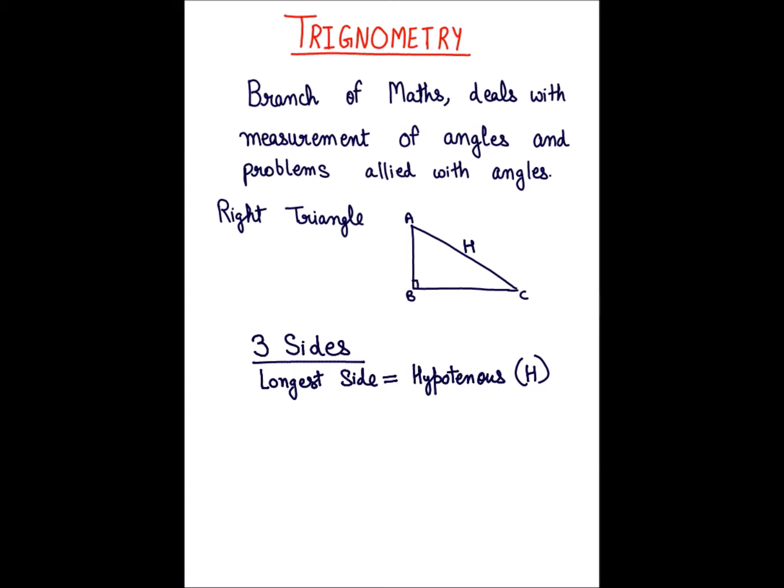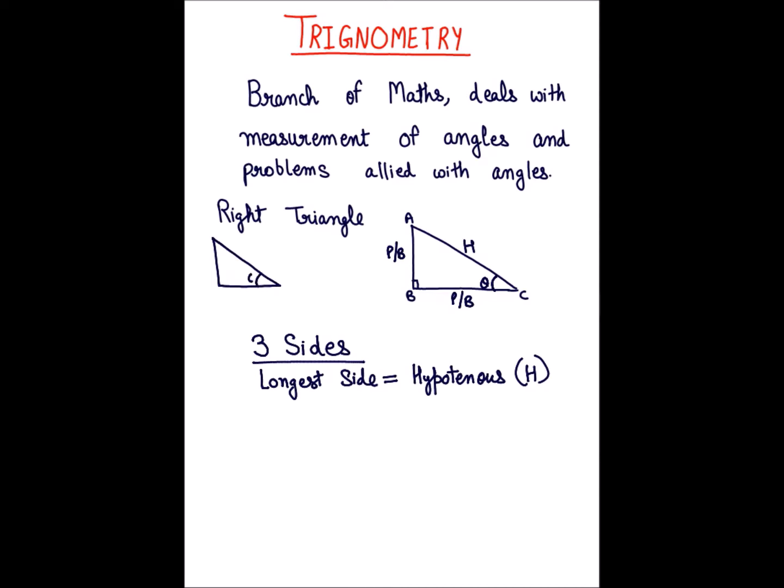As in the given figure, triangle ABC, we know the longest side is hypotenuse, but what if we have to decide which side is perpendicular or base? Side AB can be perpendicular as well as base, and side BC can also be perpendicular as well as base, depending upon the angle that we are dealing with.